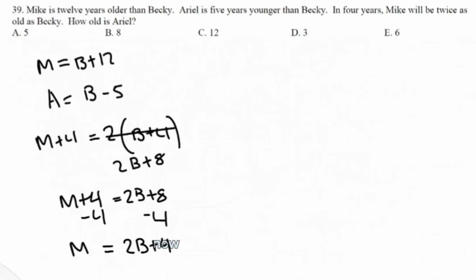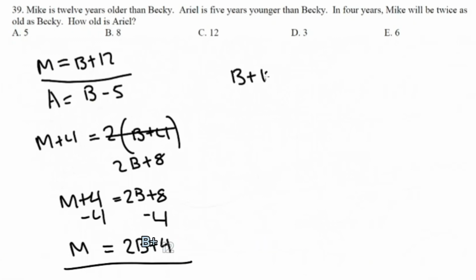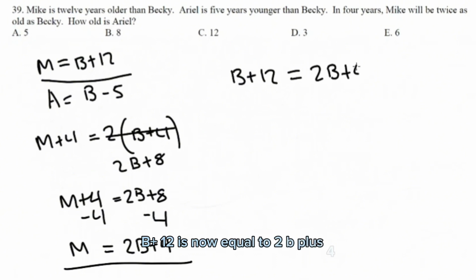Alright, now we have these both right here, b plus 12 and 2b plus 4, both equal m. So when two things equal the same thing, they're equal to each other. So b plus 12 is now equal to 2b plus 4 because they're both equal to m.